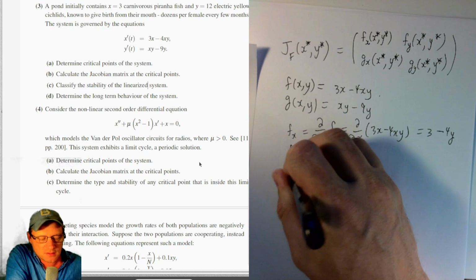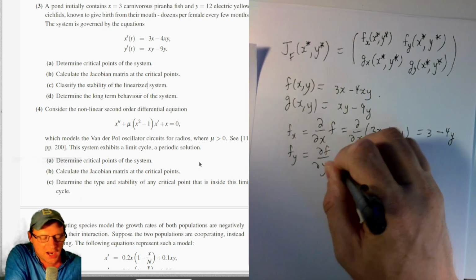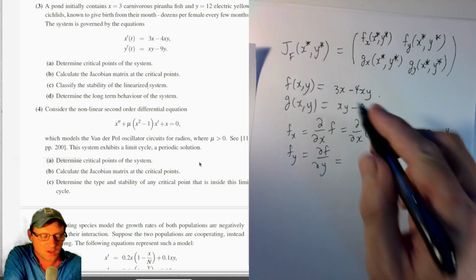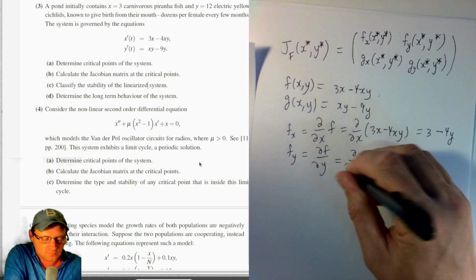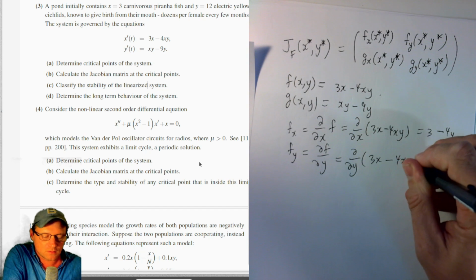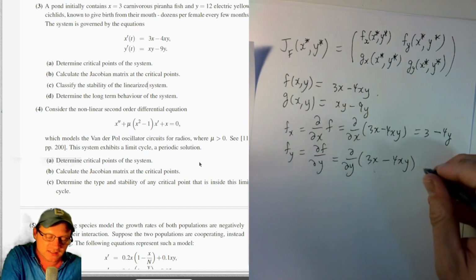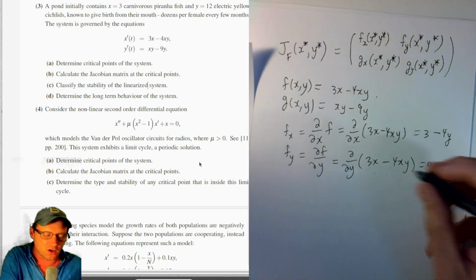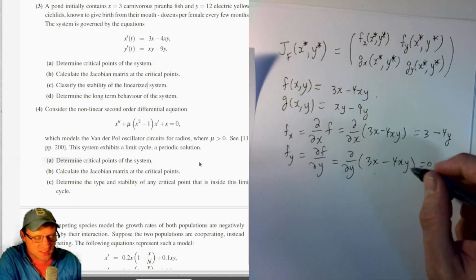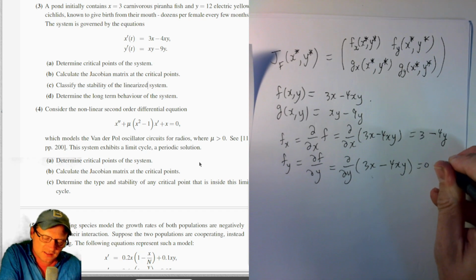F subscript y is the partial derivative of F with respect to y. The derivative of 3x with respect to y partially is 0, and the derivative of minus 4xy with respect to y partially is minus 4x.